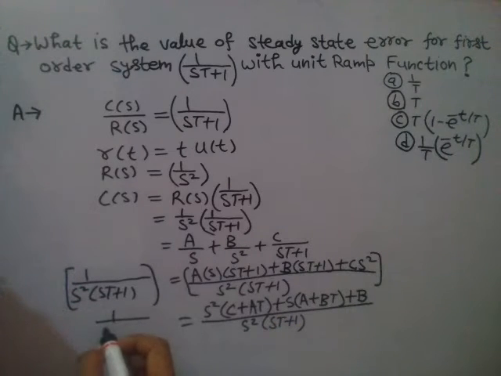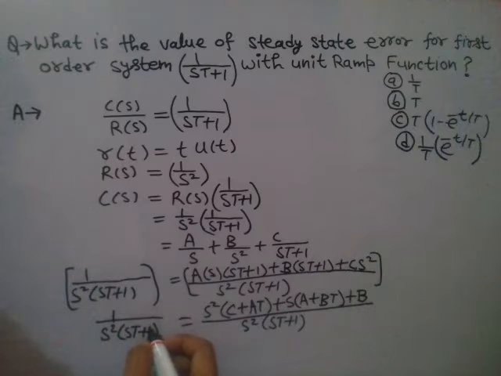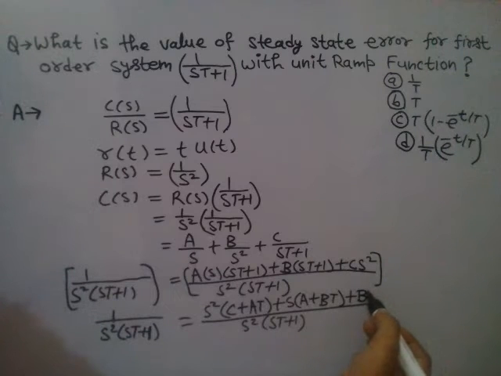Now you can further simplify this and equate the coefficients. The s square coefficient is 0, the s coefficient is 0, and the constant term B, the denominators on both sides get cancelled, so B is equal to 1.